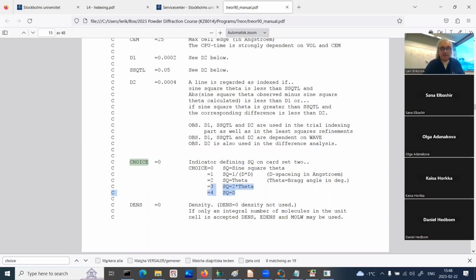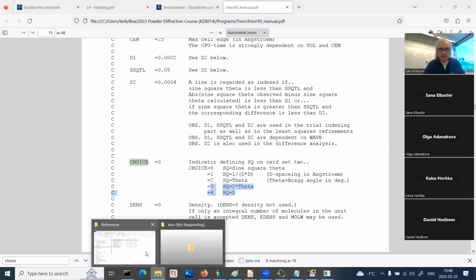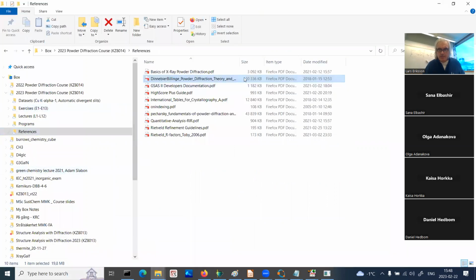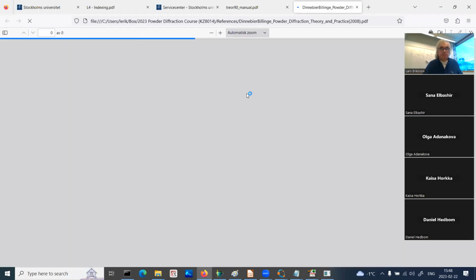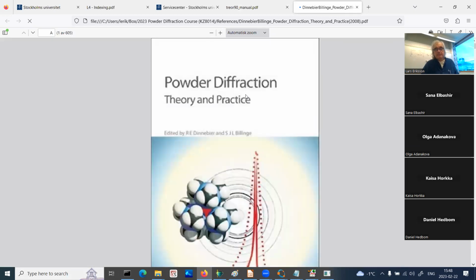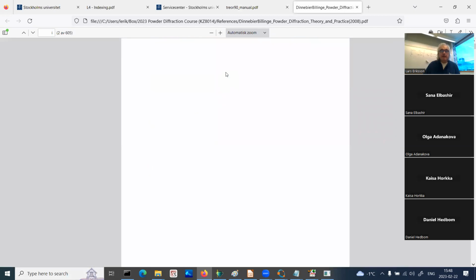Is it big? Maybe. 20 meg. That is not so big. Yeah. But now what? Hacker attack on SU, maybe.